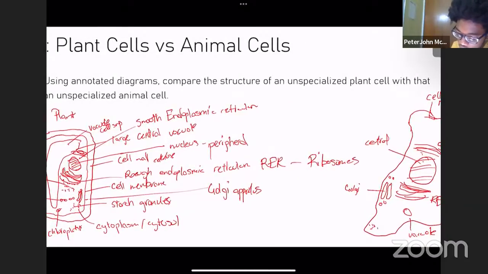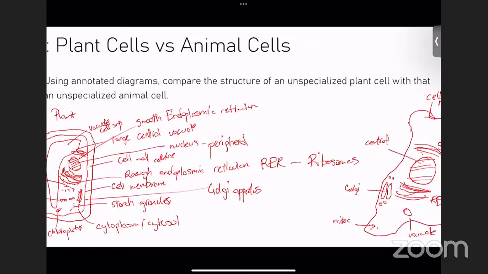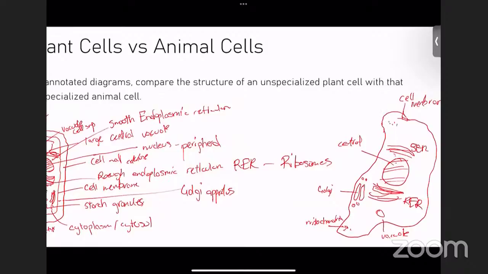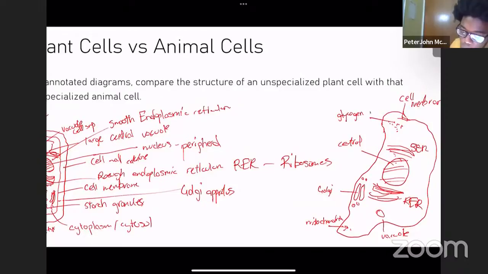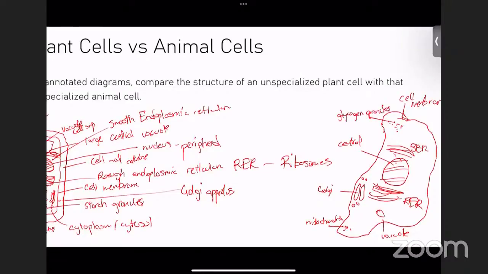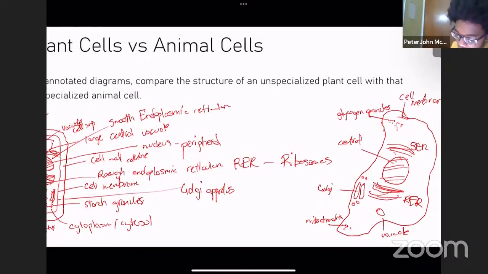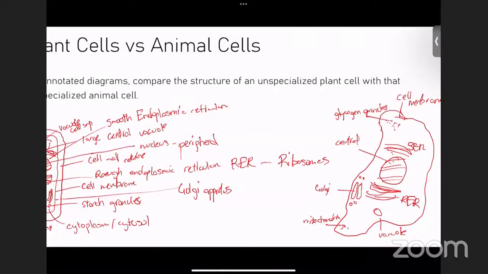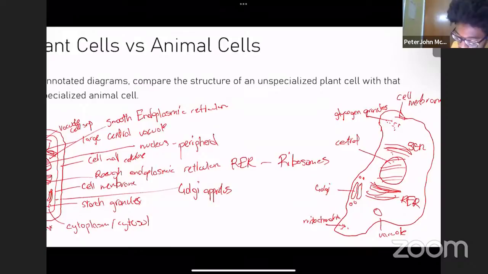Little mitochondria in there. We have granules. What granules? Is it glycogen? Glycogen granules. Perfect. So you have your little ribosomes.